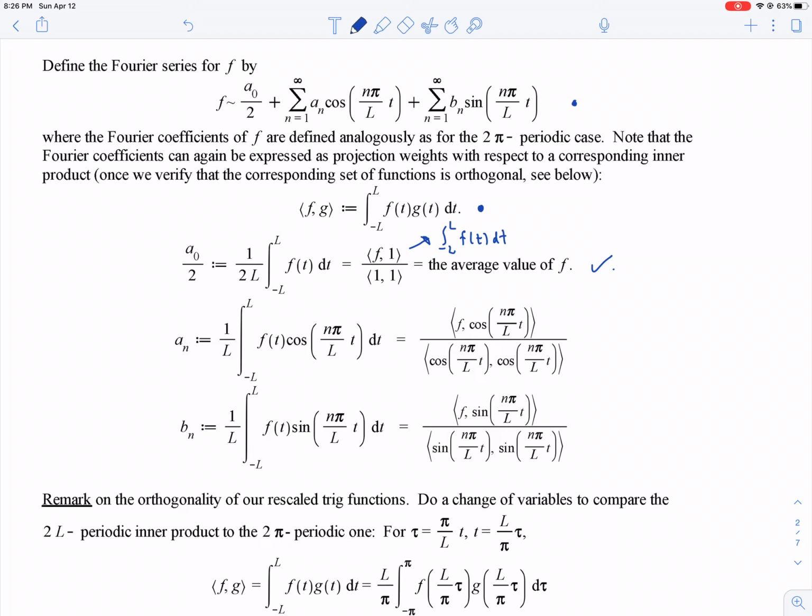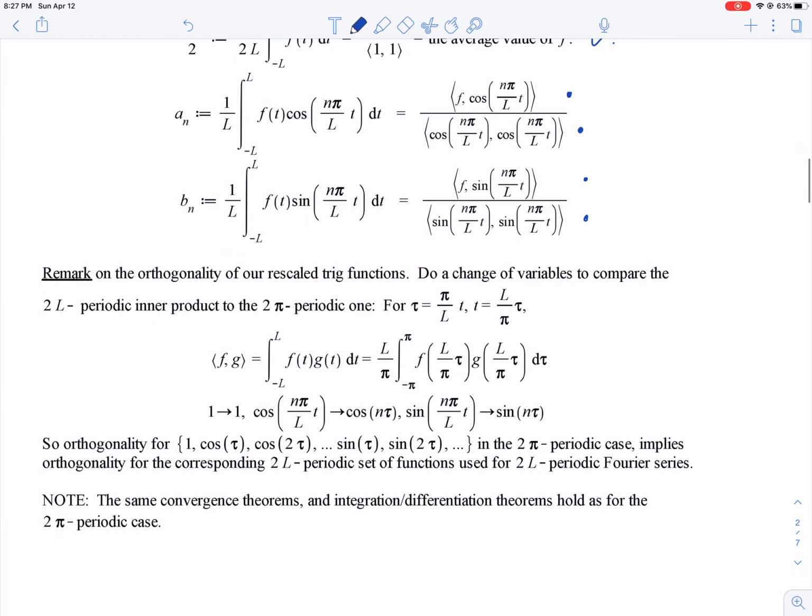For an, the integral in the expression is just our new inner product of f with cosine n pi over LT. And the 1 over L is just the integral of cosine squared n pi over LT from minus L to L. And again, the average value of cosine squared is 1/2, so I get 1/2 L. Okay, so this is exactly what we were reviewing in the warm-up exercise, except we're doing the same thing on an interval of length 2L instead of 2 pi.